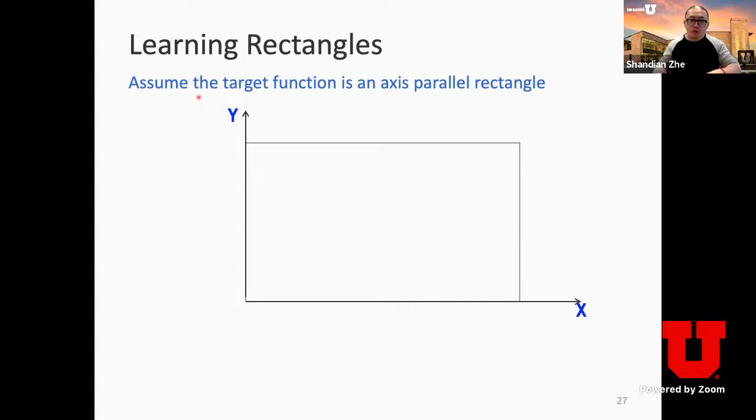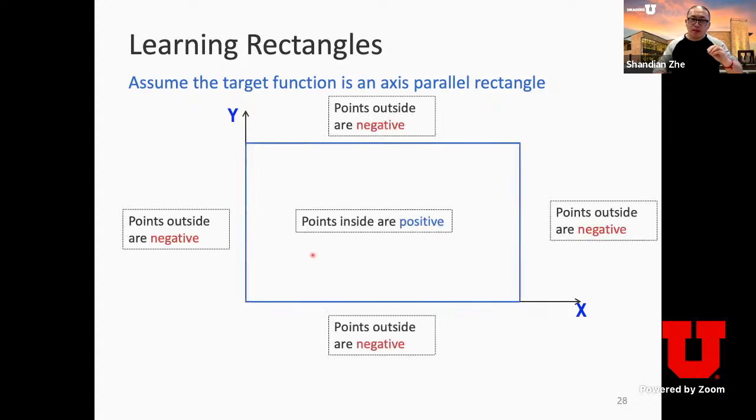The target function drawn here is an axis-parallel rectangle. Any data point inside this rectangle we classify as positive, and any point outside of this rectangle is classified as negative.